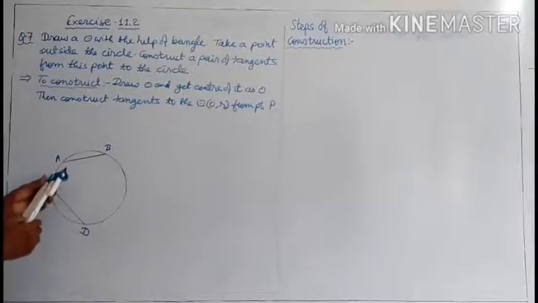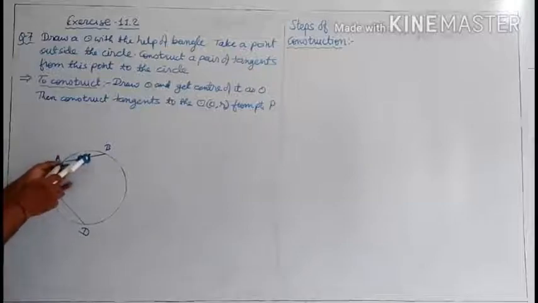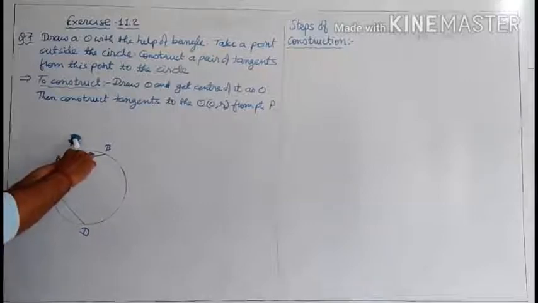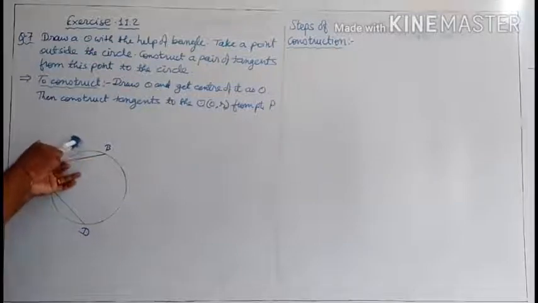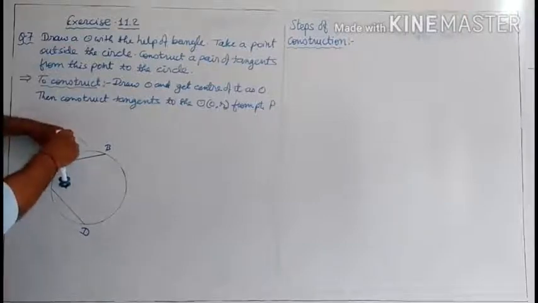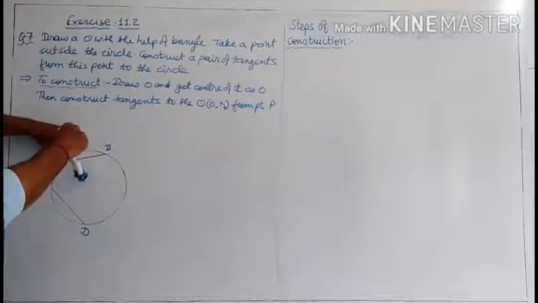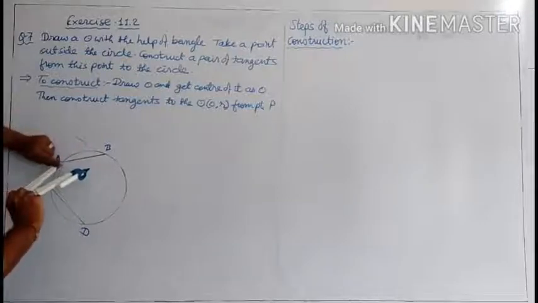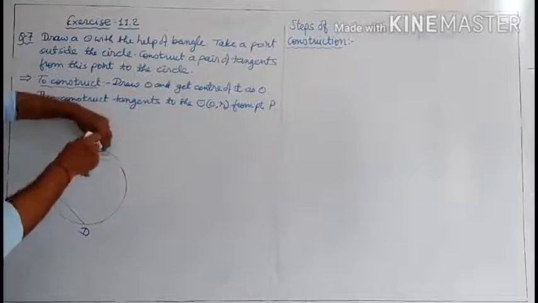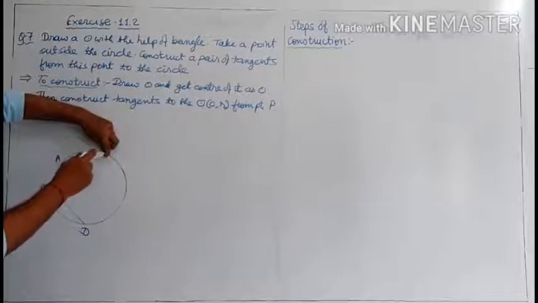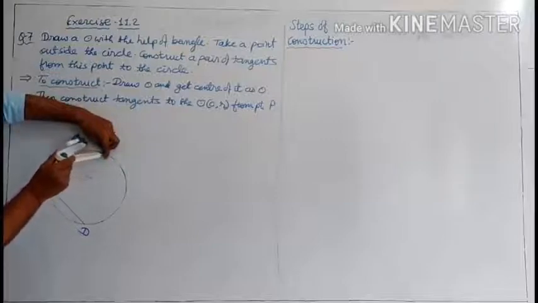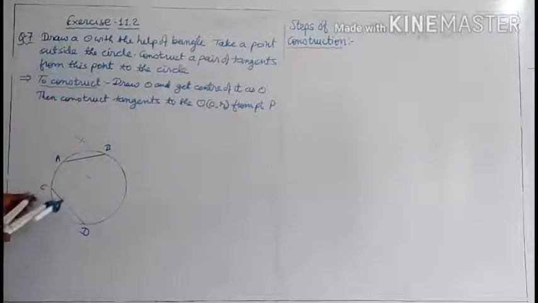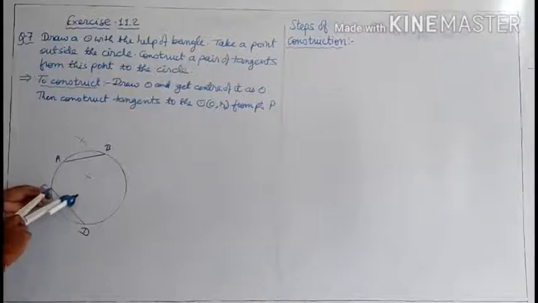So let us go for the perpendicular bisector of AB to get the center of the circle. Same way, we can draw the perpendicular bisector of CD also. For this, let us draw the arcs.